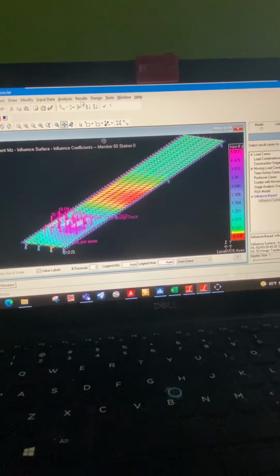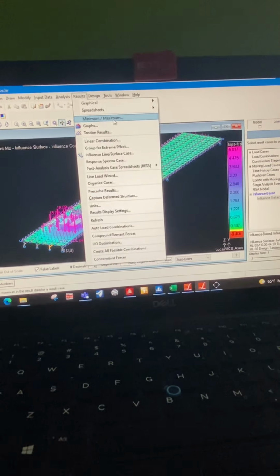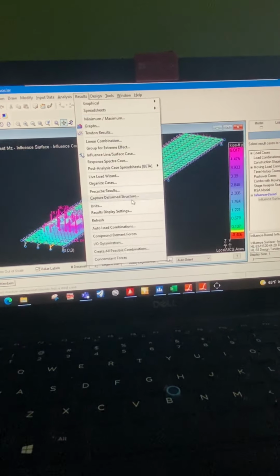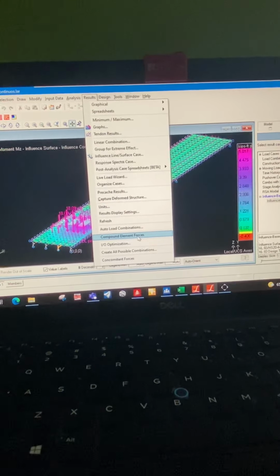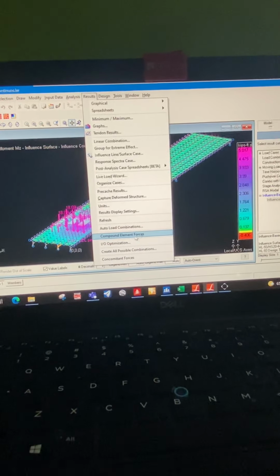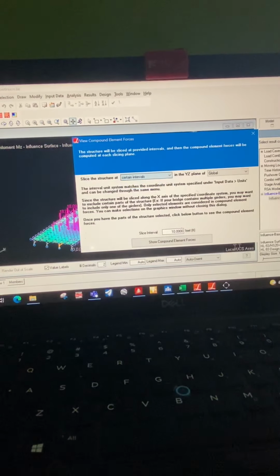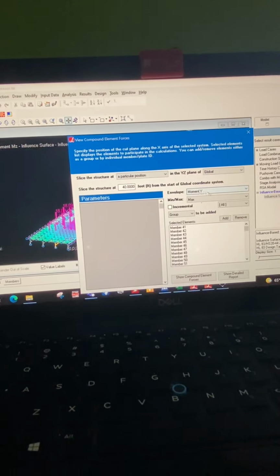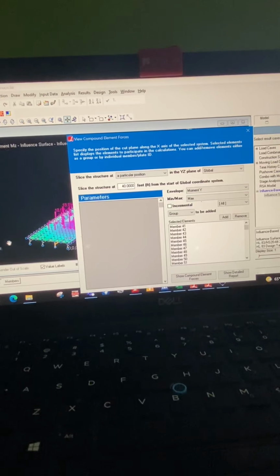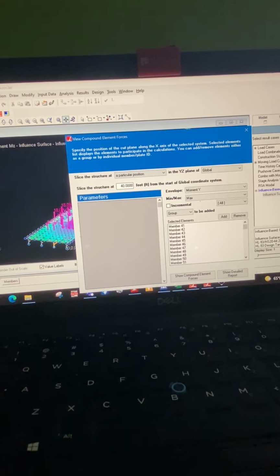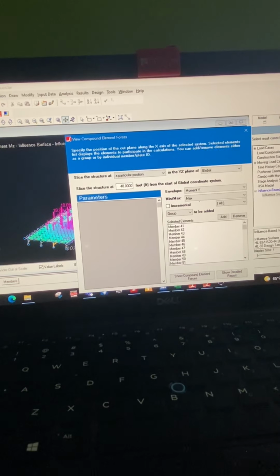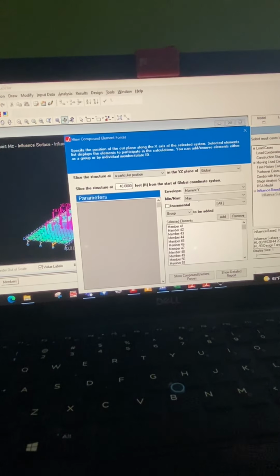Now, to compare where the maximum bending moment is for the positive moment, we go right here for this command. Normally we say we have to find the global bending moment. If you can see, it's Z, Y, X, so the global bending moment will be about the Y axis.